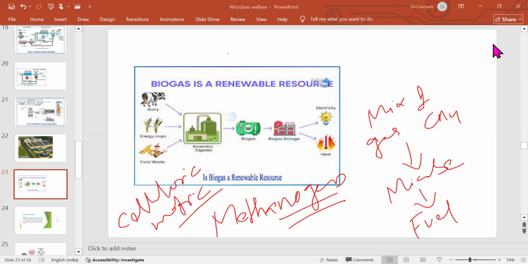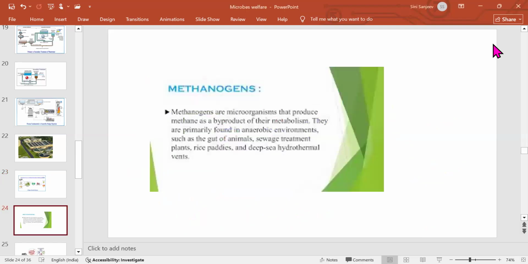So that's why over here you can see the cow, the crops, as well as the food waste, right? It is fed into the anaerobic digester, which then gives you biogas, and then it is stored and used for electricity as well as heating purposes. Usually the methanogens are the microorganisms responsible for producing biogas, having methane as the primary content.